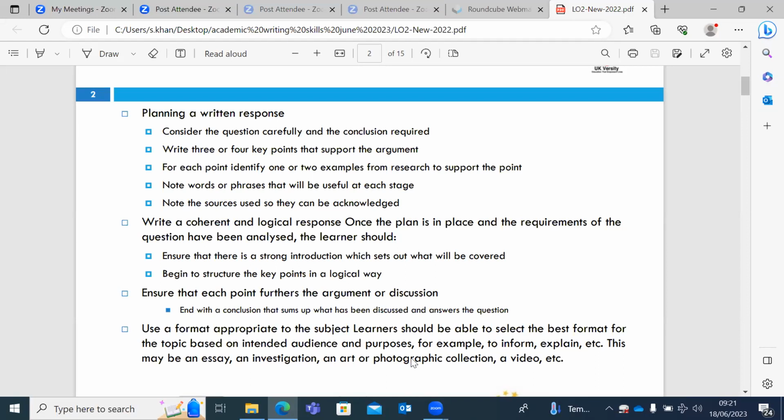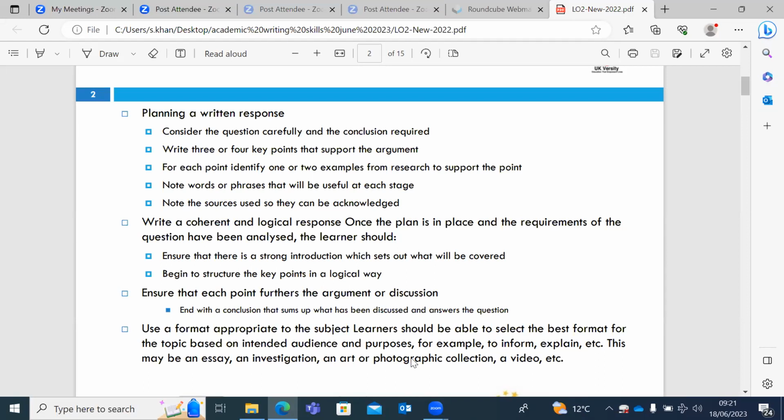Once the plan is in place and the requirements of the question have been analysed, the learner should ensure that there is a strong introduction which sets out what will be covered, because that's the first thing anyone will read, to identify what will be in the piece of work.